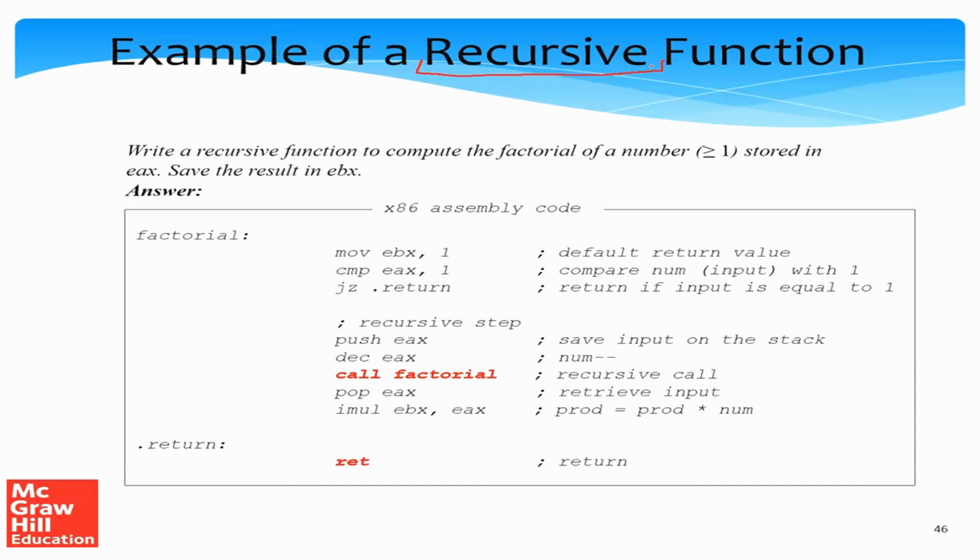So write a recursive function to compute the factorial of a number which is greater than or equal to 1. The number is stored in EAX and we save the result in EBX. Essentially compute EAX factorial and save it in EBX. What does recursive mean? It basically means that the function is calling itself.